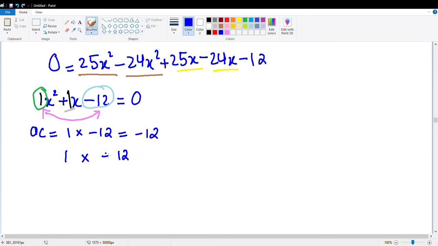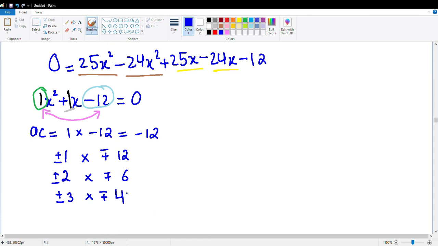It's not actually minus 12, but let's just do it like this. 2 into minus 6 is minus 3 into plus 4. And yeah, that's pretty much it.